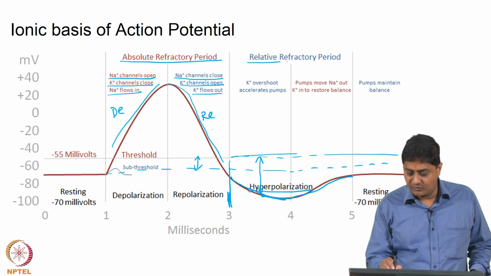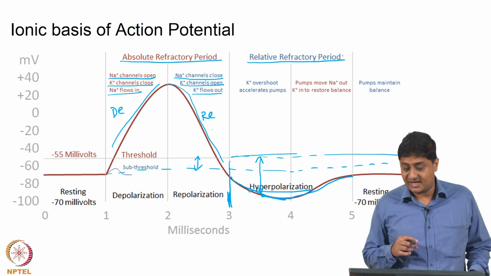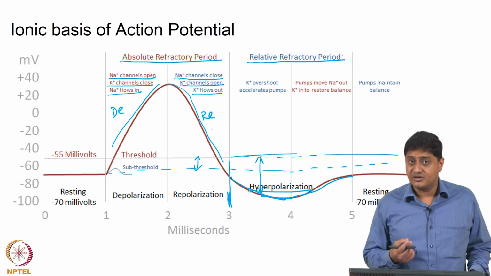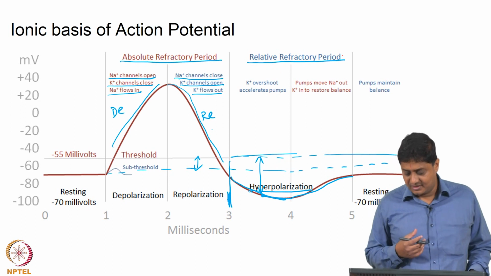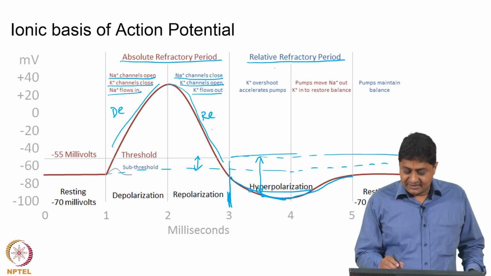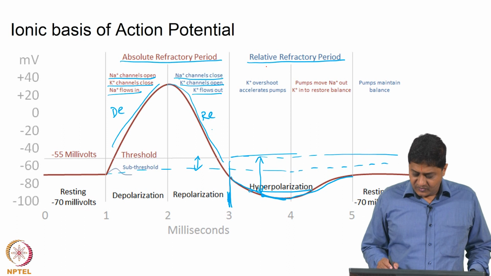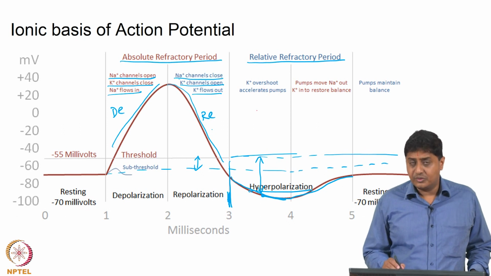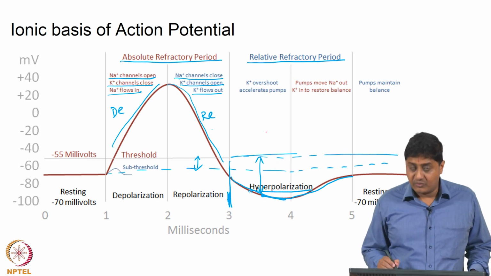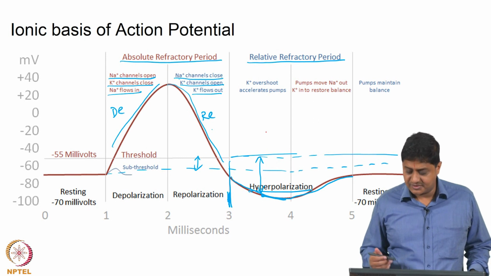The period during which a larger stimulus can cause an action potential is called the relative refractory period. You can cause an action potential, but you need a larger stimulus than usual, right. This is due to potassium overshoot, due to extended potassium conductance.